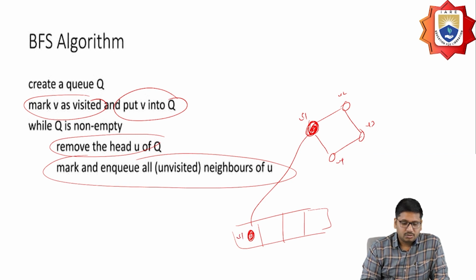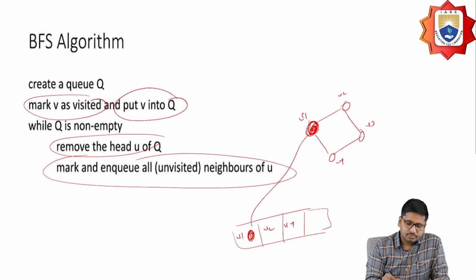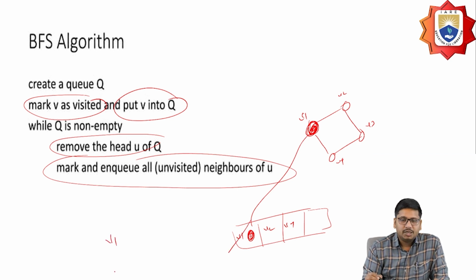So what is next? Until the queue is empty, we delete the head of the queue, and then we mark all the neighbors of V1. The neighbors of V1 are V2 and V4, and this one is removed and set as marked.